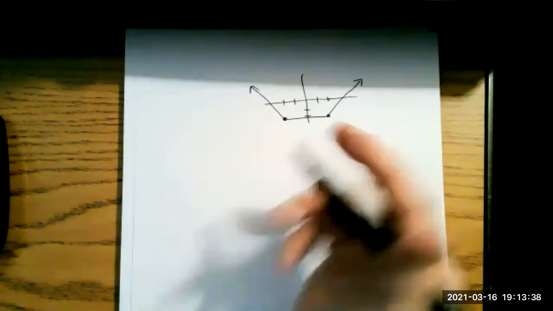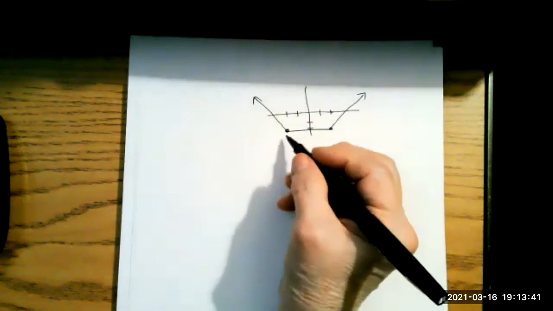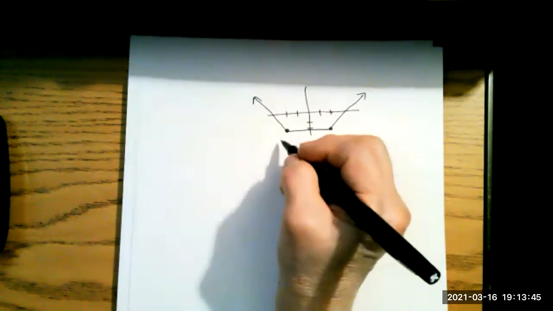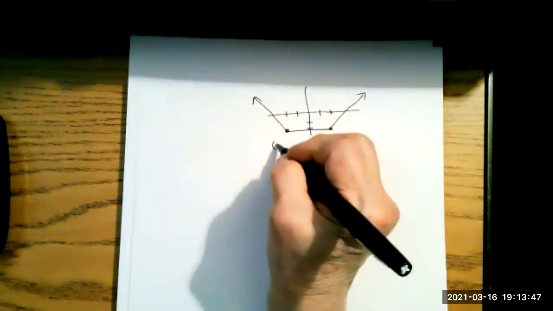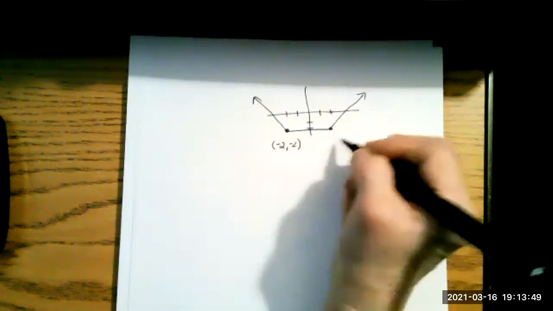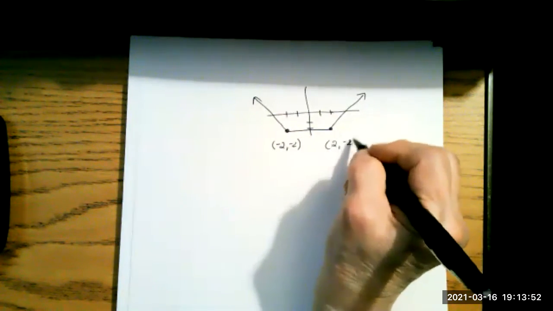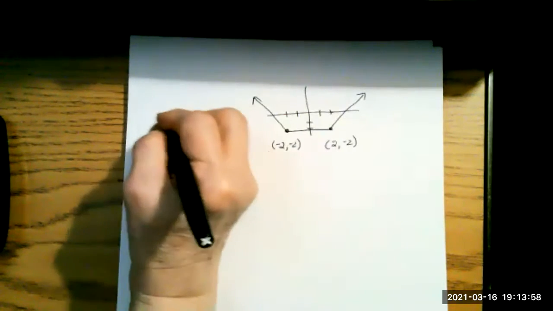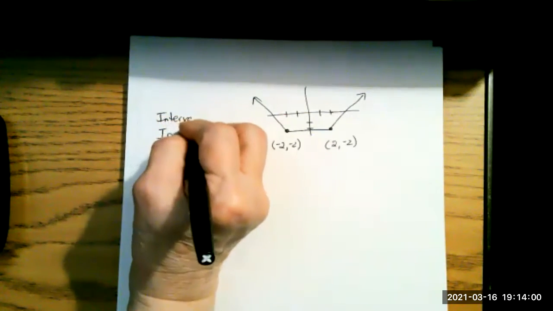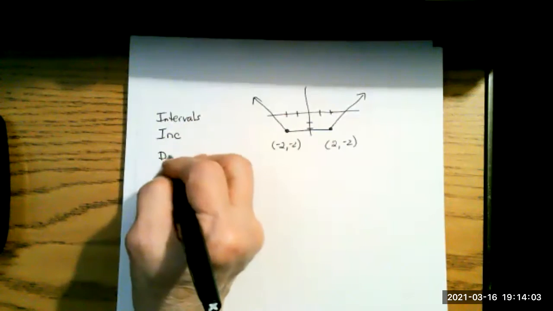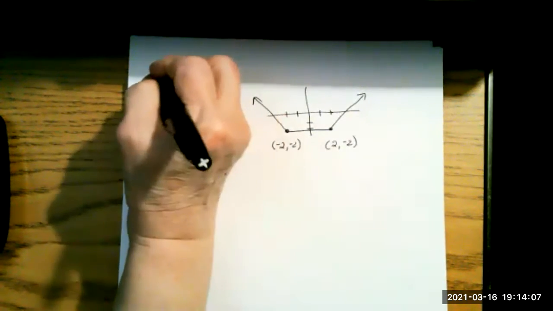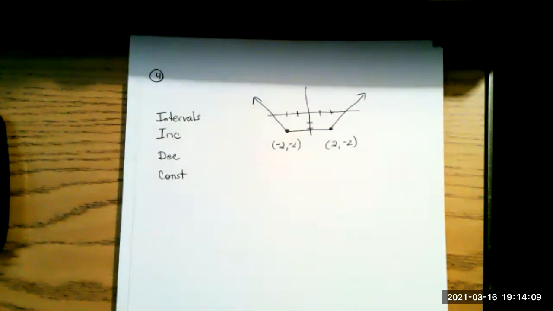So what you need to do is go into your problem and either sketch the graph of it or just write down somewhere that this point is -2, -2, and this point is 2, -2. Because they're going to ask for you to find the areas increasing, decreasing, constant. Okay, this is number 4 in the section.